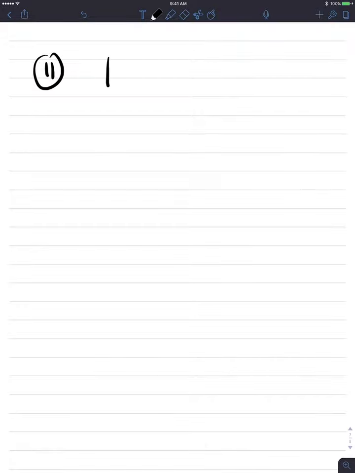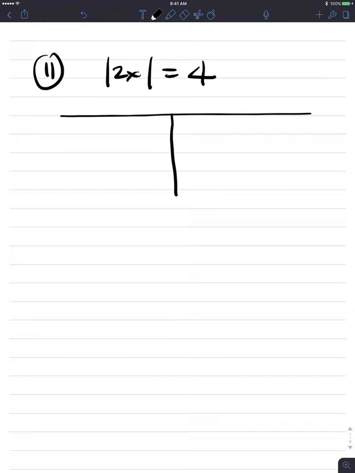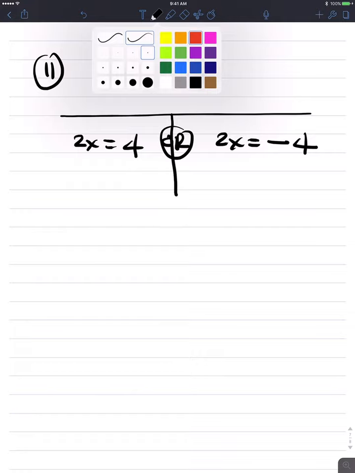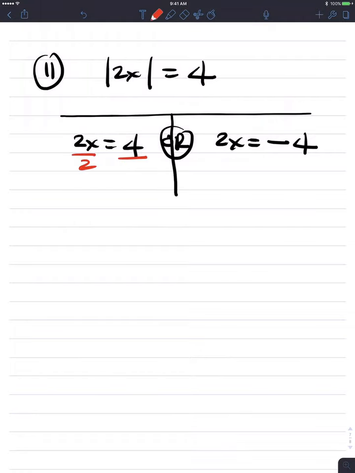Number 11, the absolute value of 2x is positive 4. We're going to use our format. I'm going to write down 2x is positive 4 in one case, or 2x is opposite, which is negative 4 in the other case. We have two linear equations to solve, and we divide both sides here by 2 for each equation to solve for x.